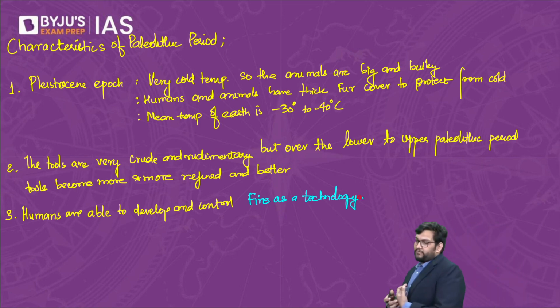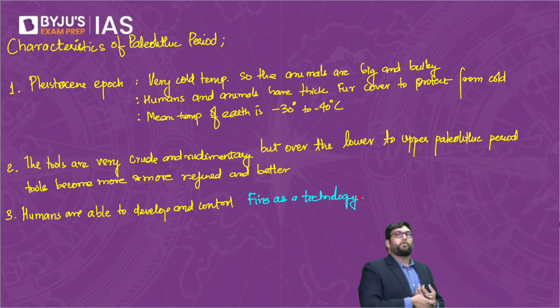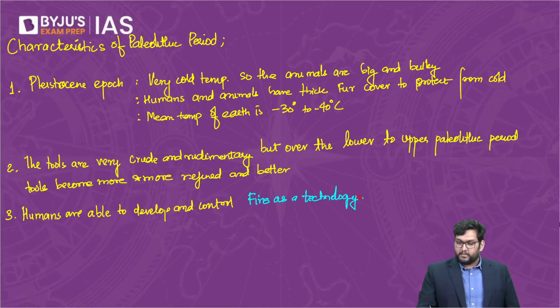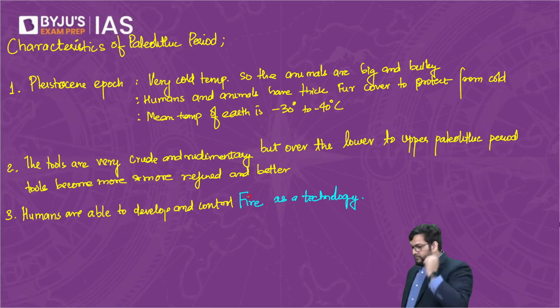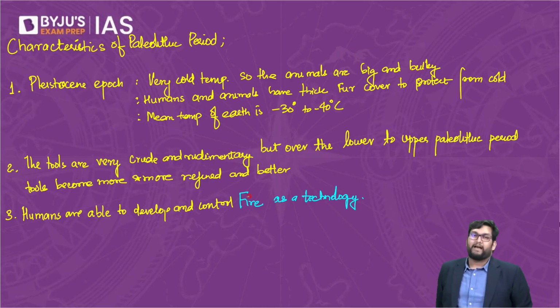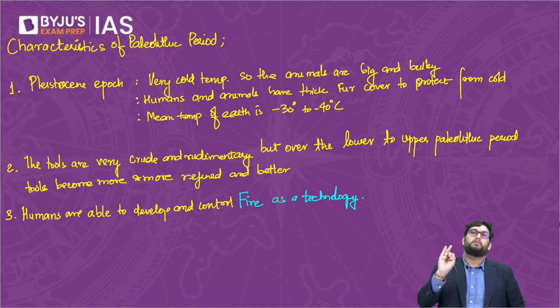The reason why we were able to survive in such cold temperatures was that fire as a technology was developed during this period. Fire was controlled, we were able to develop, and we were able to make it better also. Rudimentary means very early. Fire as a technology was developed and we were able to use it for warmth and cooking the food.